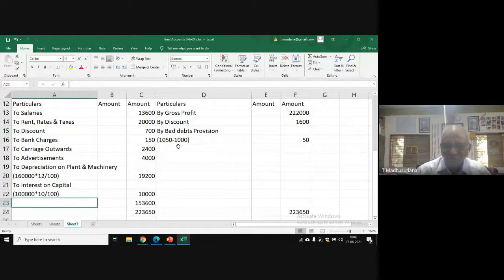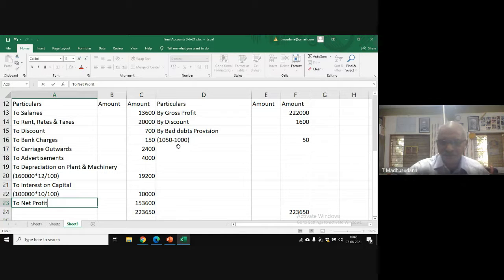Balancing figure. What is that balancing figure? What is the name it will be given? To net profit. 1,53,600 net profit. Okay. Next.